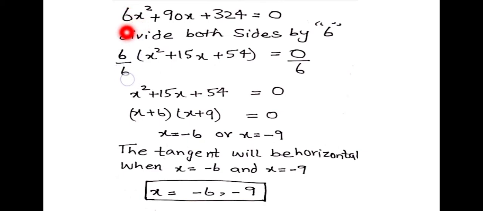So 6x square plus 90x plus 324, which is the derivative, we equate with 0, and we take 6 common, and then divide both sides with 6, and the 6 cancels out, and it again becomes 0. And here we factorize this equation, and the factors are 6 and 9. So here we find the values of x where the tangent will be horizontal: x is equal to -6 and x is equal to -9.